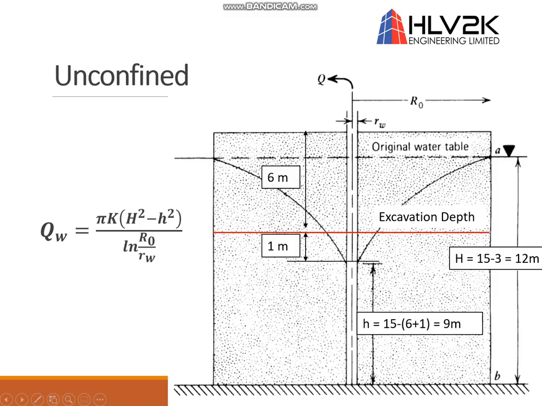The final elevation would be 9 meters, because we want the water table to be 1 meter below the excavated depth. So we want to bring the water down from 12 meters to 9 meters, and we are using the unconfined equation.